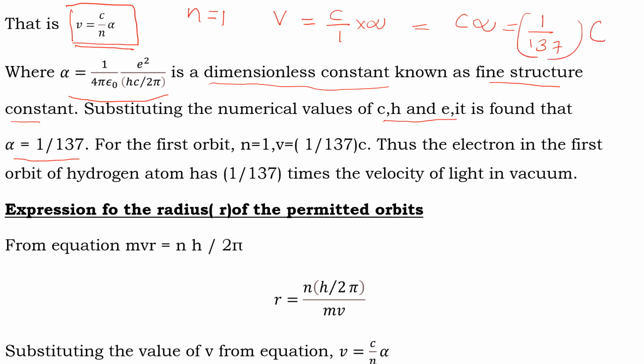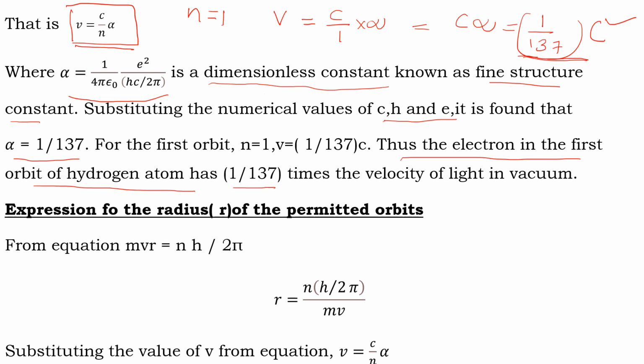Therefore, the electron in the first orbit of the hydrogen atom has 1/137 times the velocity of light in vacuum.